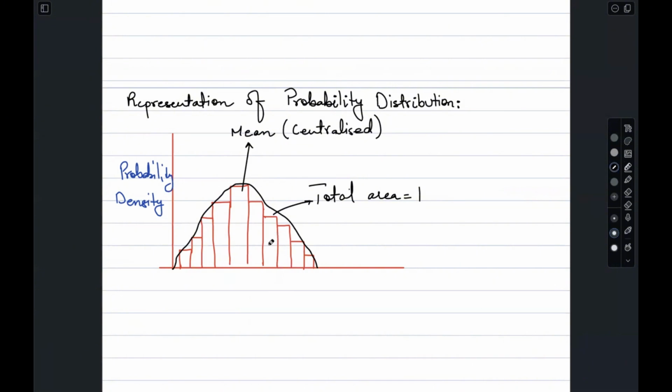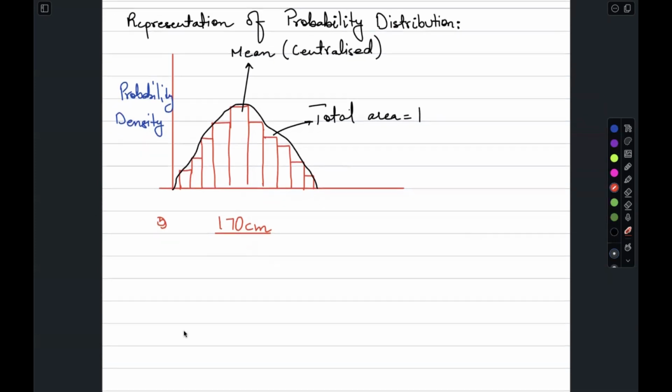Let's take the example of the height of people. Let's say the average height of people in a certain area is 170 centimeters. So most of the people will have a height near this value. And as we go away from the value, higher or lower, the probability will start to decrease.